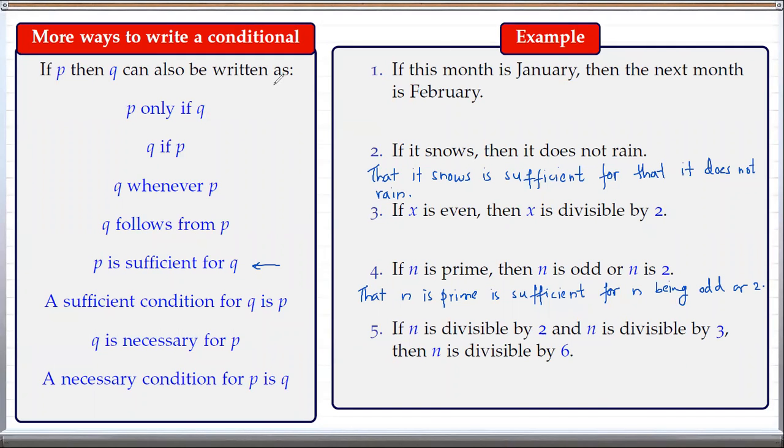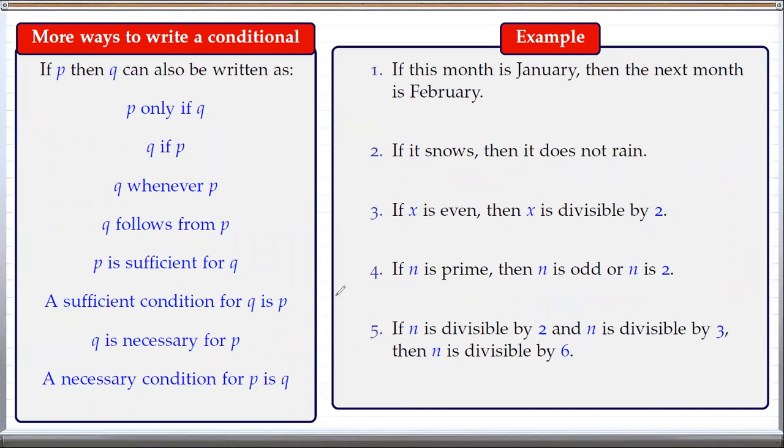Now let's look at the next format we have. A sufficient condition for Q is P. So let's try using this format for some of these examples. Let's look at number 3.